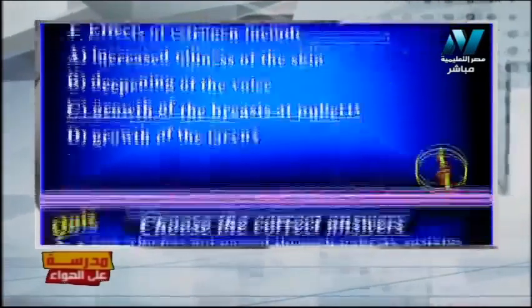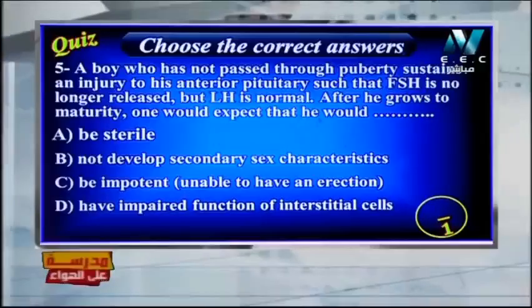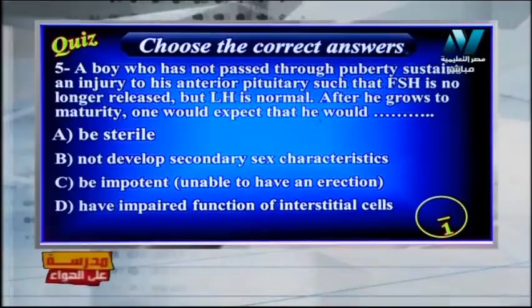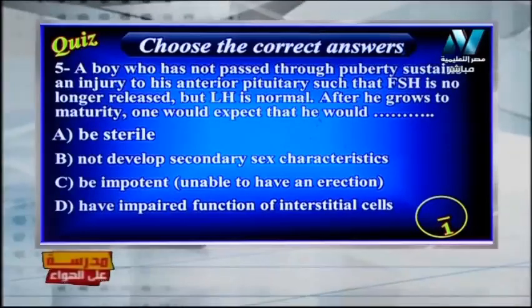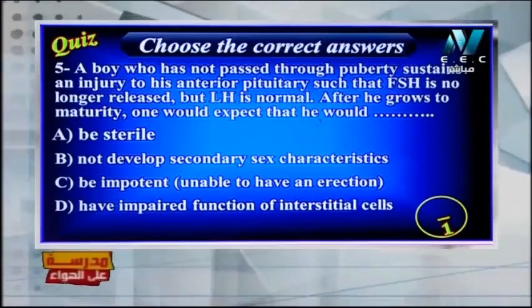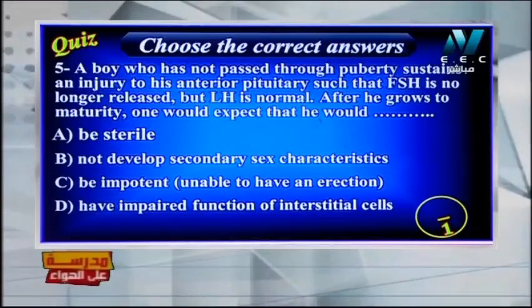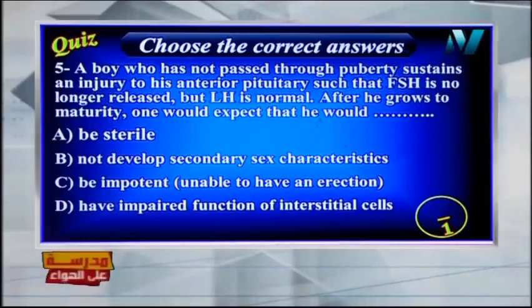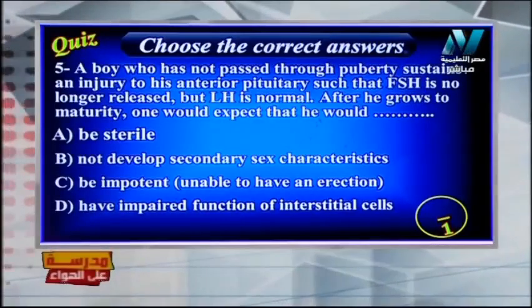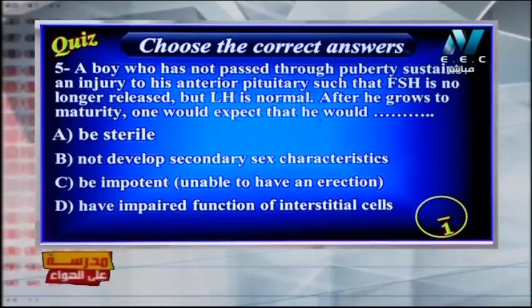Question number 5. A boy who has not passed through puberty sustained an injury to his anterior pituitary such that FSH is no longer released but LH is normal. After he grows to maturity one would expect that he would dots.